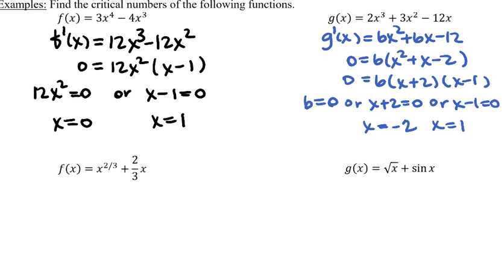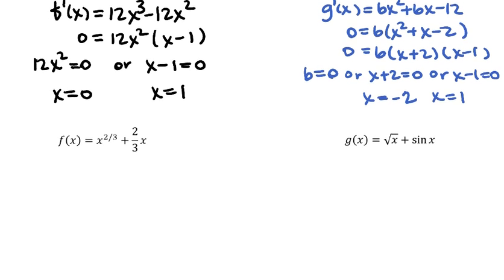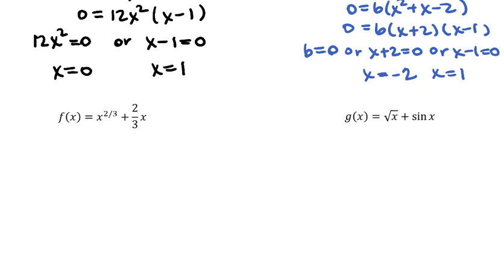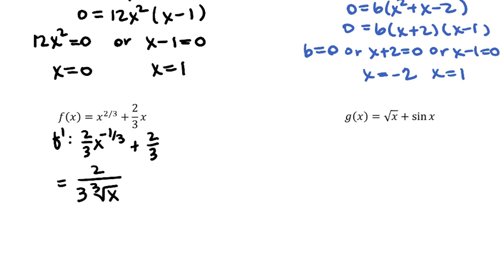I'm going to start by taking the derivative of this next function, saying that f prime is given by 2/3 x to the negative 1/3 plus 2/3. Okay, this is 2 over the 3 times the cube root of x, plus 2/3.